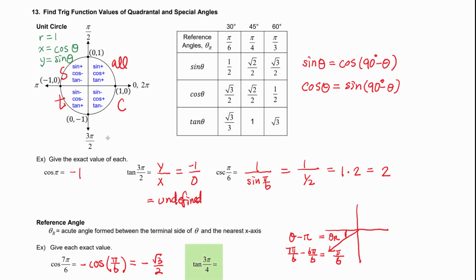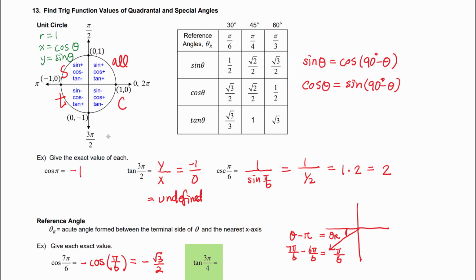Now, let's find the tangent of 3 pi over 4. 3 pi over 4 is an angle in quadrant 2. To find theta r in the second quadrant, you do pi minus theta, and our theta right now is 3 pi over 4. So you do pi minus 3 pi over 4, and pi is 4 pi over 4 by multiplying by 4 over 4. So you get 4 pi over 4 minus 3 pi over 4, which is pi over 4.